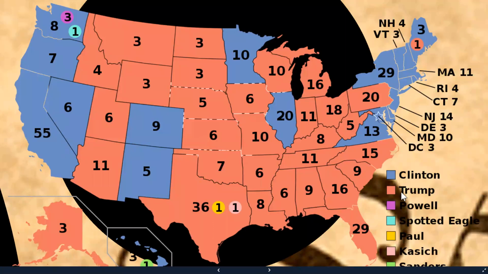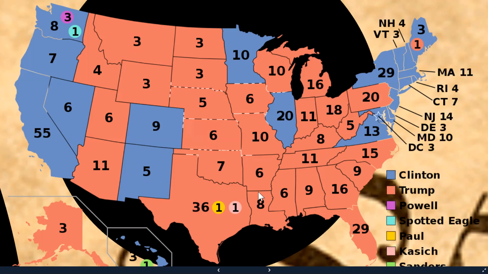So you can see the states where Hillary Clinton won, shaded in blue, by numbers, is much less than what Trump won. Look at all the states that Trump won. Now, it just so happens that Clinton won the popular vote. She got the most votes because she won states that were very populated.